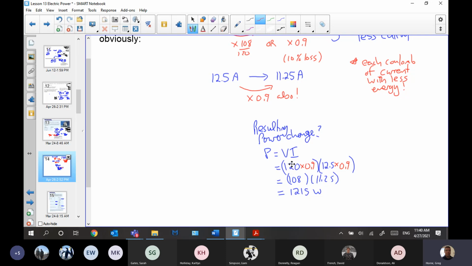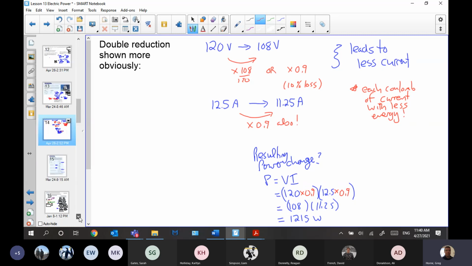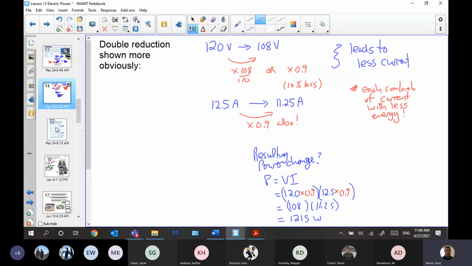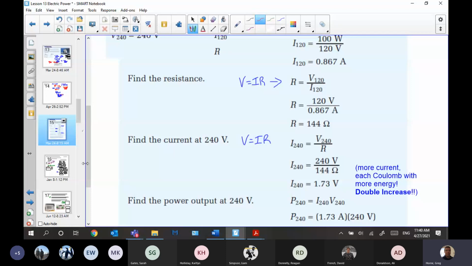It works out. You've got the 120 reduced by 10%, we've got the current reduced by 10%, and it gives us that correct power rating. So this is a good page for describing why it's a double reduction. So we've done 3, I think, of those now, double reduction analysis. So I think we'll leave the rest for you to work out on your own for that.